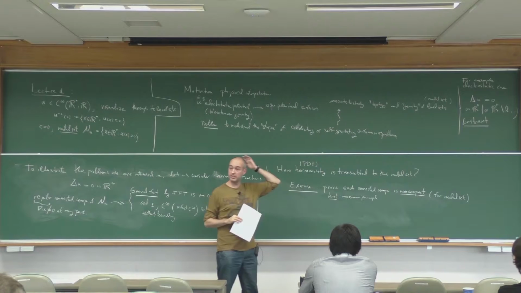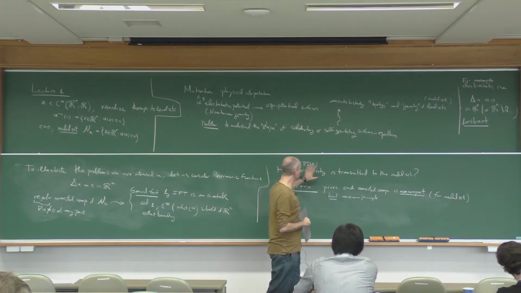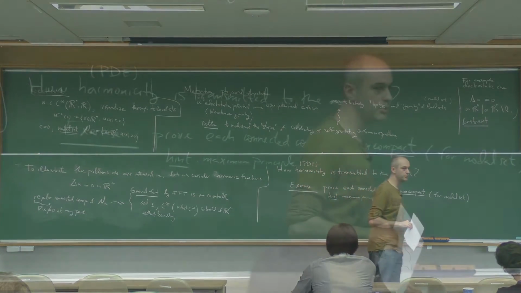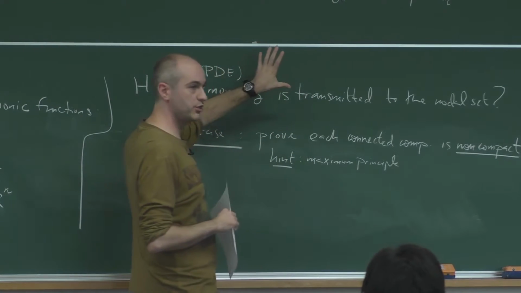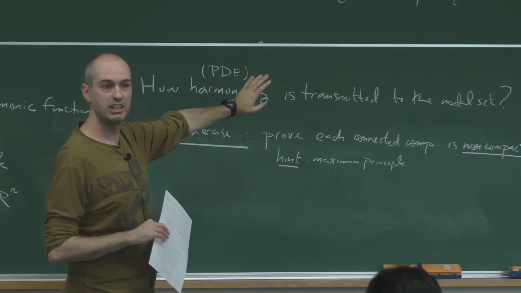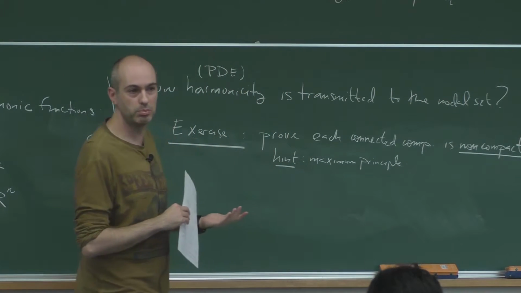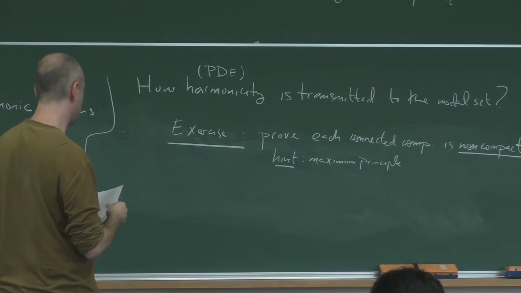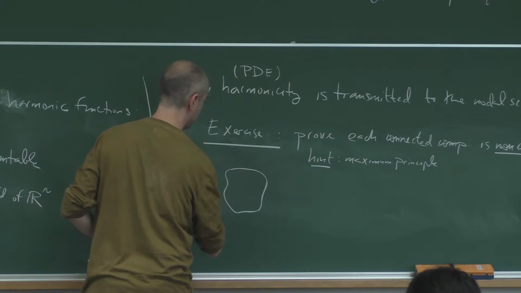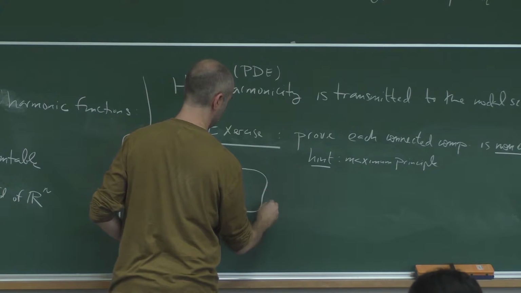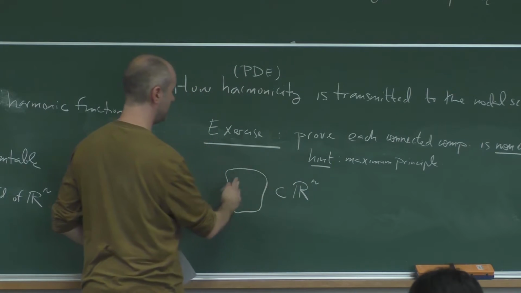So with this result, you see that there is something, not very strong, where harmonicity of the function is transmitted, in particular in the fact that you cannot have compact components for the regular level set. For example, if you consider this set in R^n, which is compact, this is forbidden.